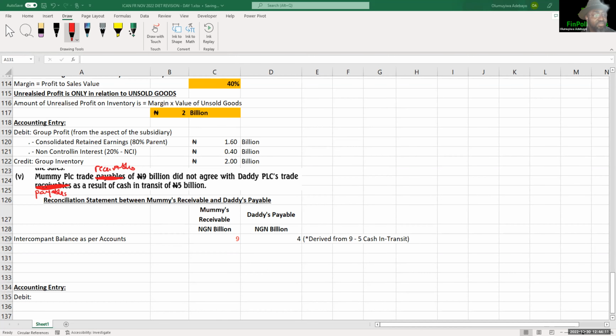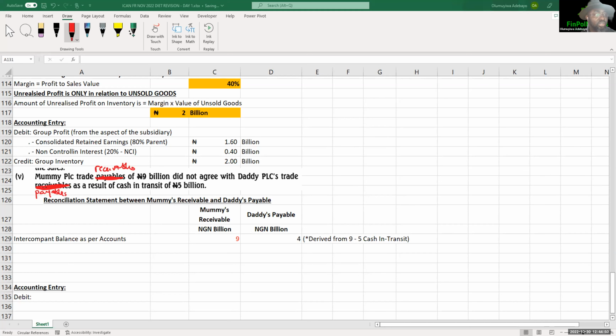Can you unmute, please? You see, you now got it right, have you? Because they are not just talking about trade payable or receivable, they are talking about intercompany. And it arose from transactions.